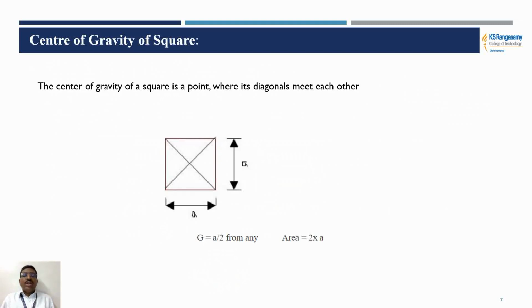Similarly, the center of gravity along the y direction is also a divided by 2. So along the x direction as well as the y direction, the center of gravity of the square will be a divided by 2, and the area of the square can be taken as a into a.